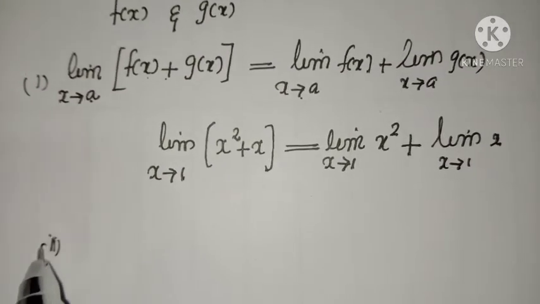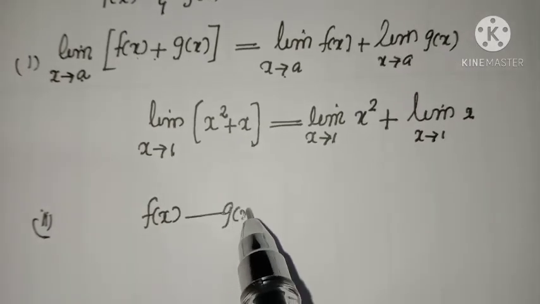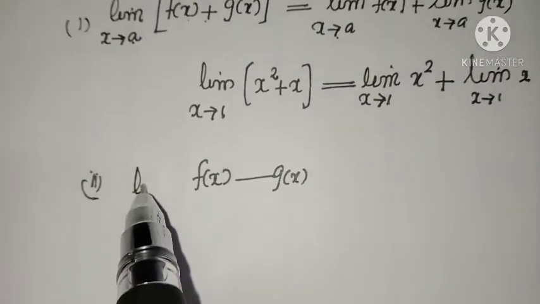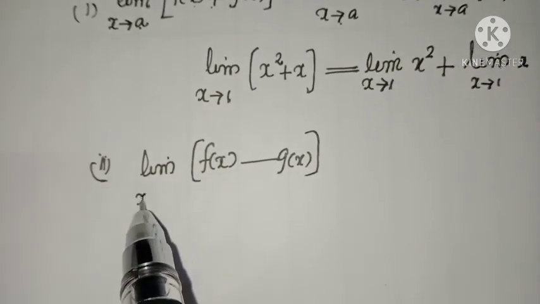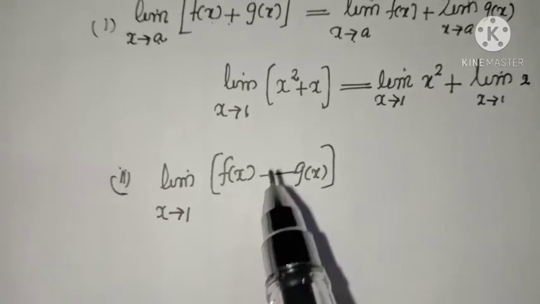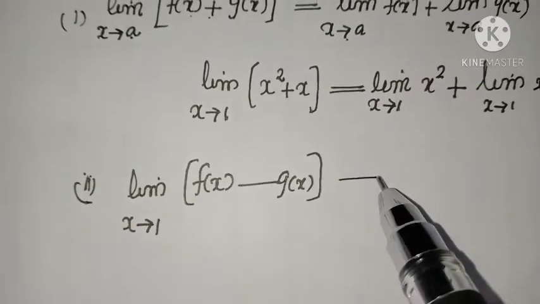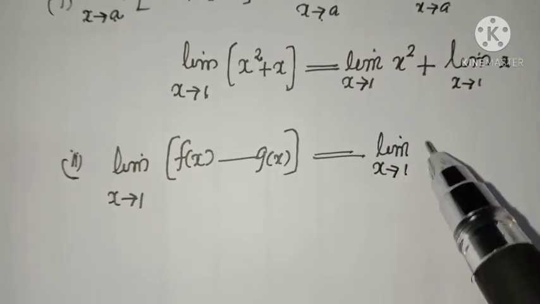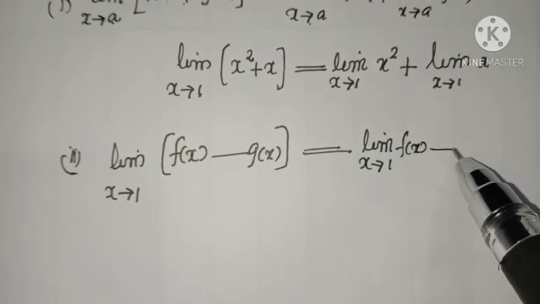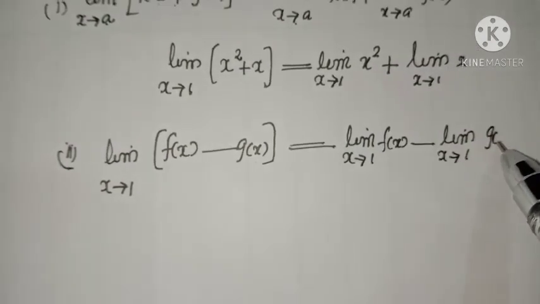Now next one, subtraction of two functions f of x and g of x. How to define the limit of f of x minus g of x at x equals 1? Limit x tends to 1, f of x minus g of x can be written as limit x tends to 1 f of x minus limit x tends to 1 g of x.